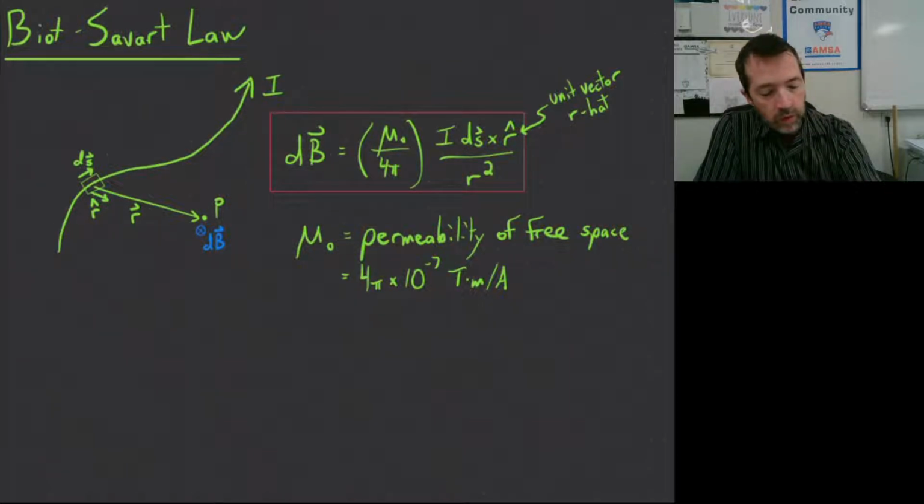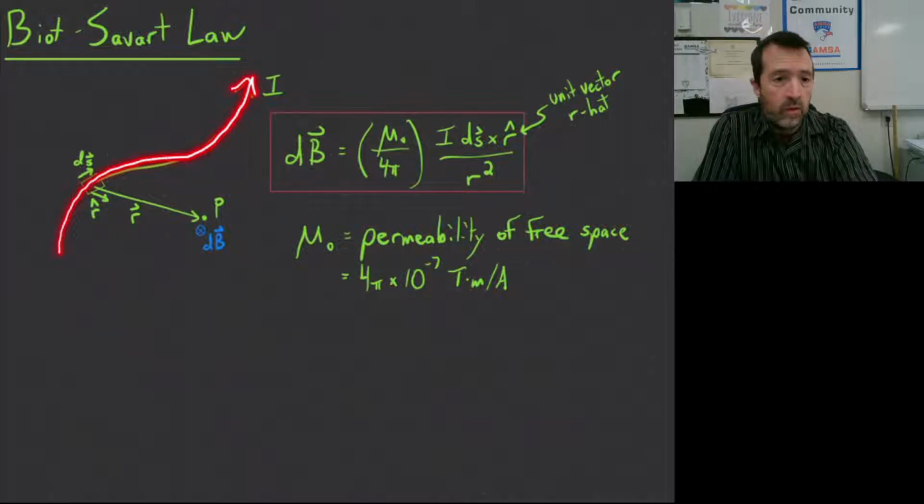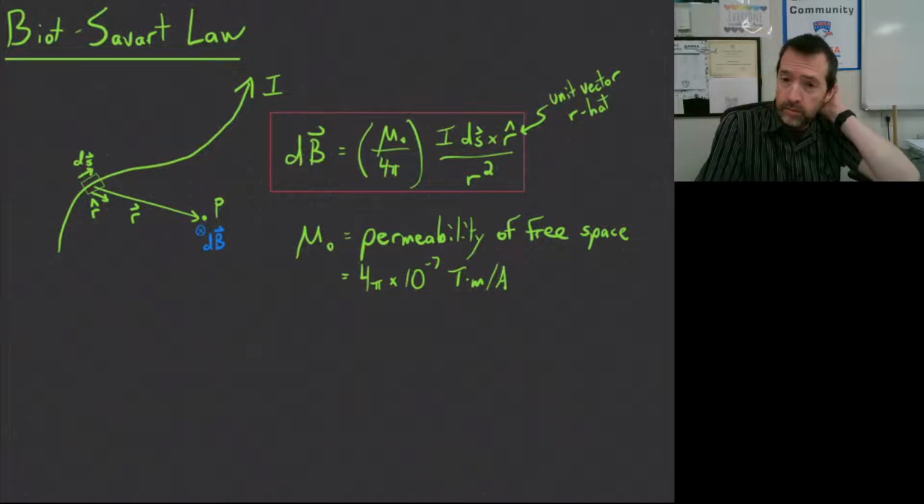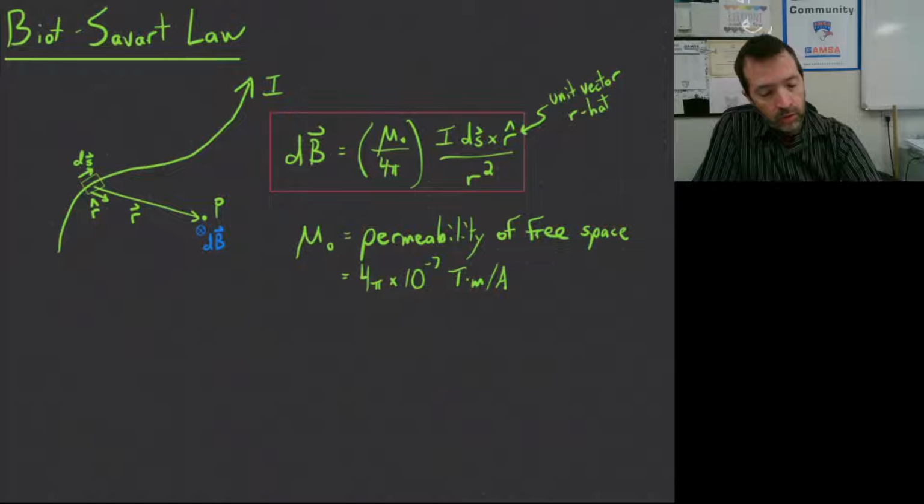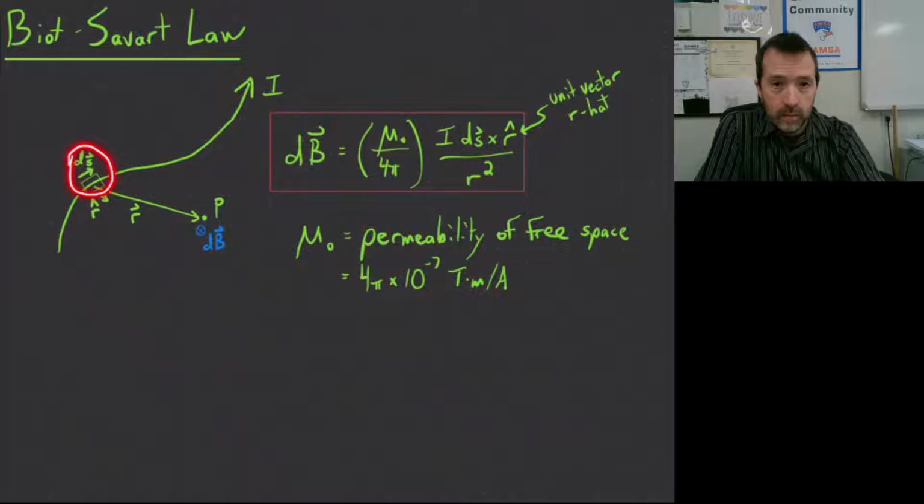So in the illustration on the left, I've drawn a sort of arbitrary curvy current flowing through space, because I want to emphasize that this law works for anything. It doesn't have to be just for straight line currents. And I've taken that current, I've selected a small little piece of the current, which I've labeled ds.